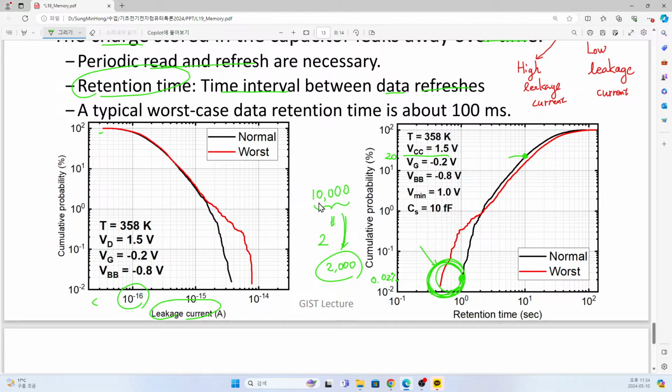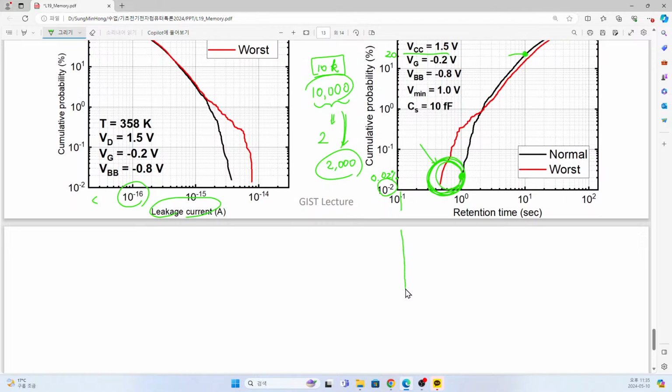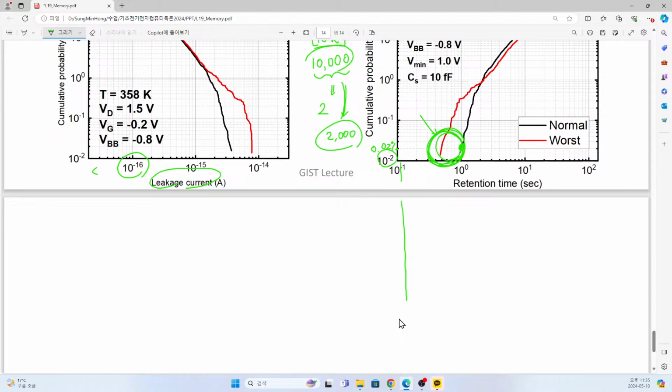So this is just a number like 10K, but our DRAM has a much higher capacity nowadays. Therefore we must not consider just 10 to the minus 2%, but we have to care about much lower cases in order to safely operate our DRAM cell. So it is very important to consider this cumulative curve down toward several decades below that.